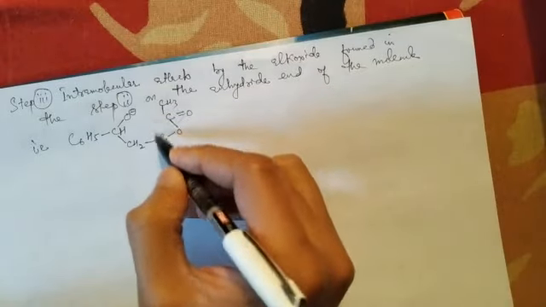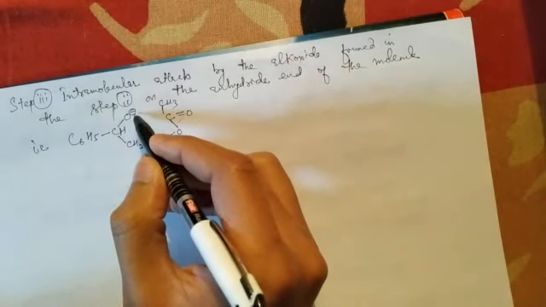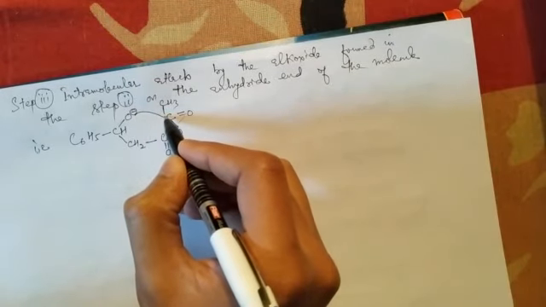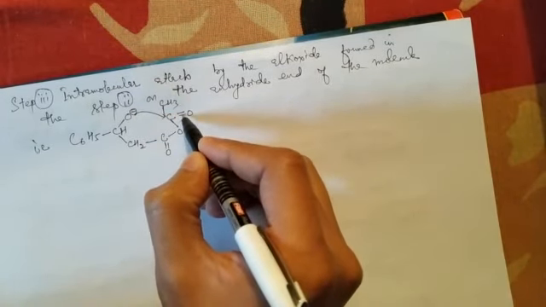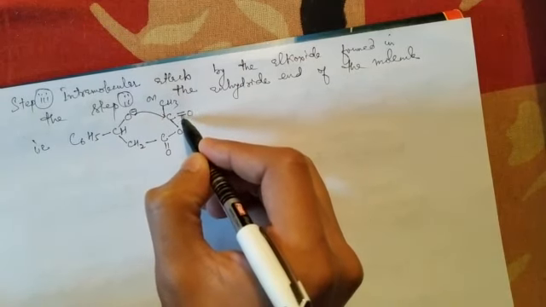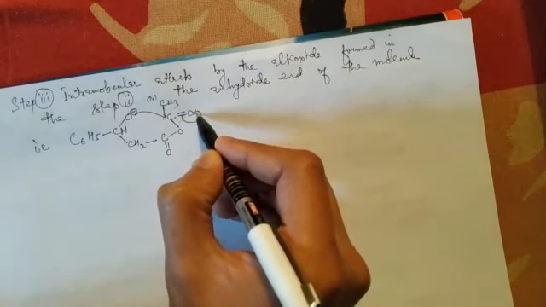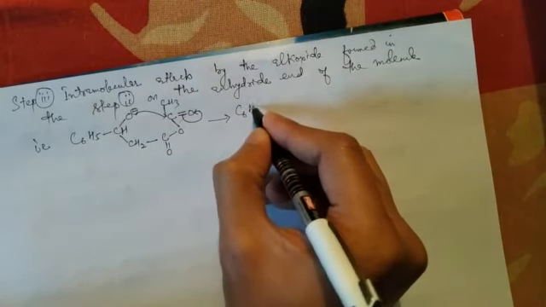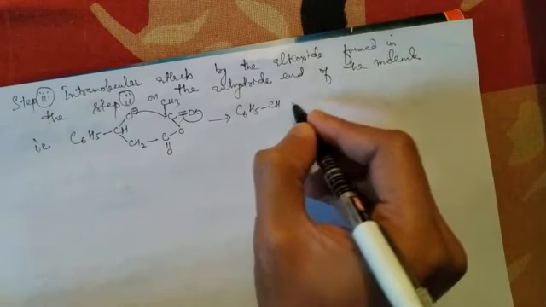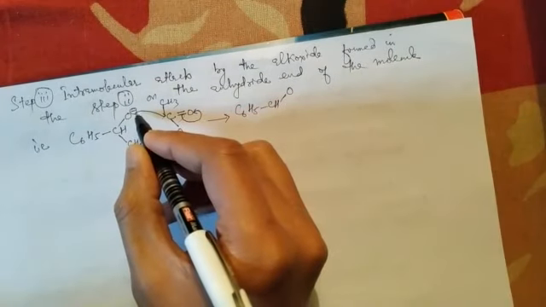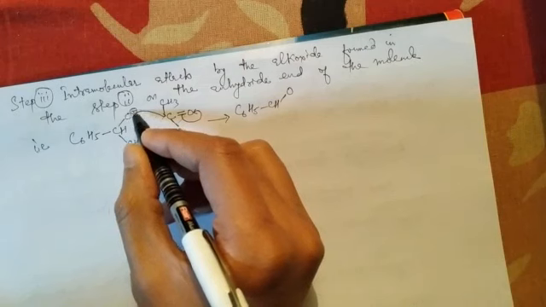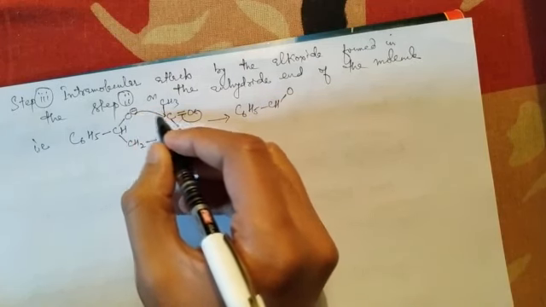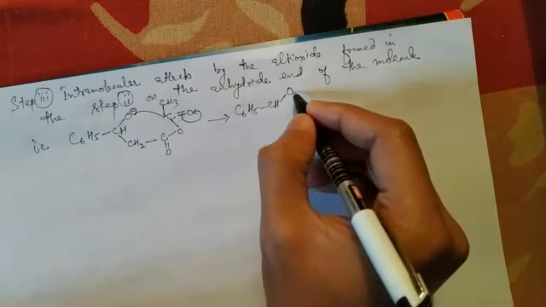This alkoxide ion, by means of this negatively charged oxygen, attacks over here, and as a result electron density between carbon and oxygen gets shifted over the more electronegative oxygen, and we are getting this sort of structure. Now since O negative has been showing attack onto this carbon, it is getting attached to the carbon.